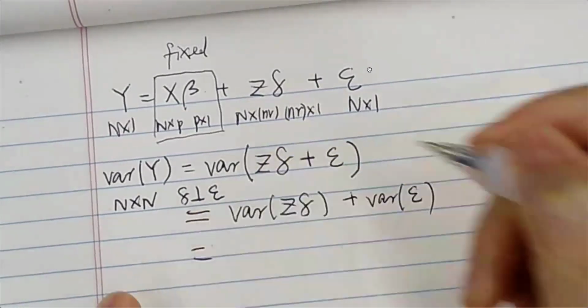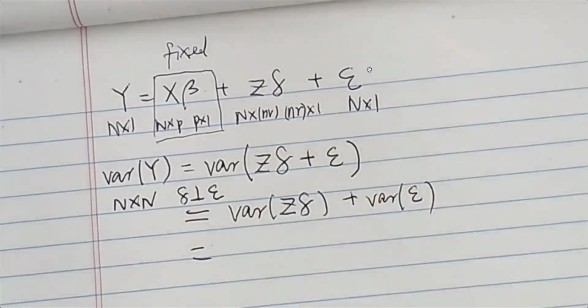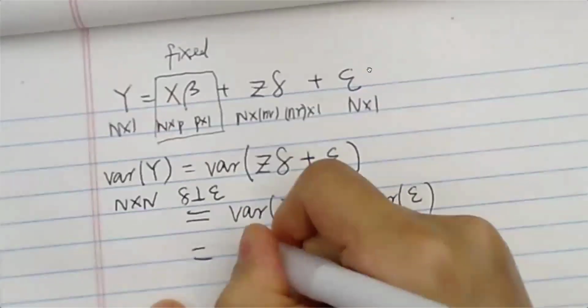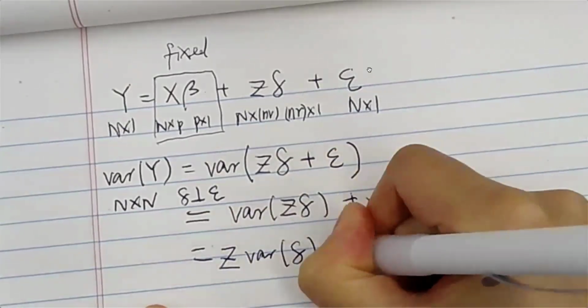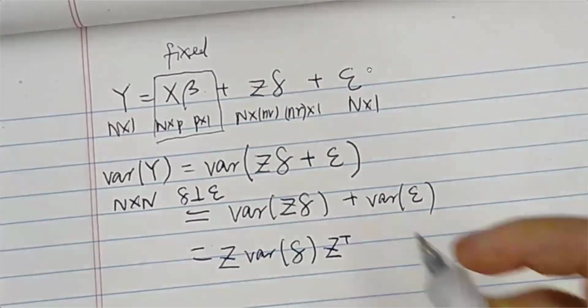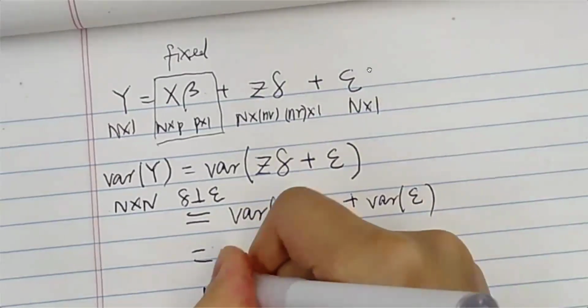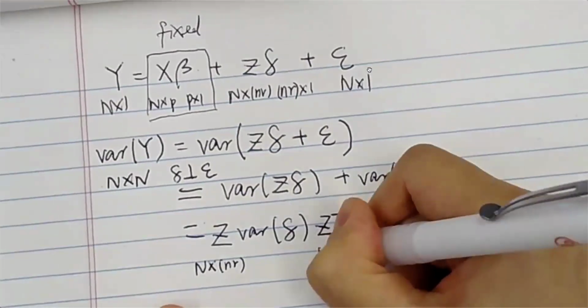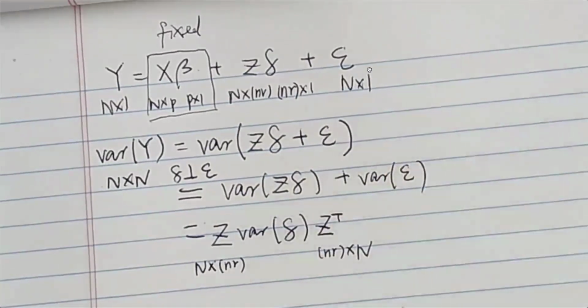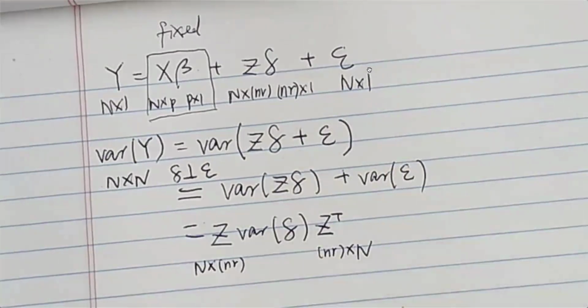Because Z is just a covariate design matrix, it's not random itself. Therefore, we can write it as Z times the variance covariance matrix of delta times Z transpose. Z is N by nr, and delta is nr dimensional, so its covariance matrix is nr by nr.